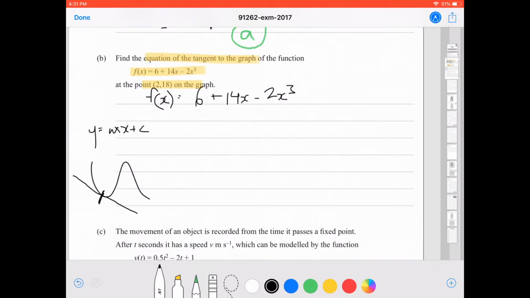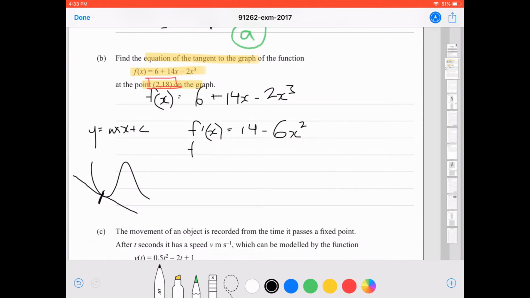If we find the gradient of the cubic at that point, then by definition, we also have the gradient of the tangent. So we are going to say f dash of x equals 14 minus 6x squared. And then we want the gradient at the point (2, 18), right?